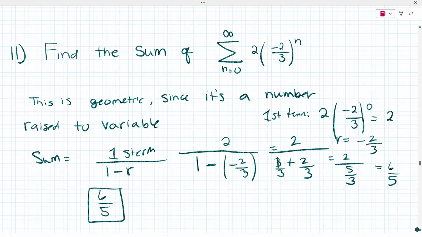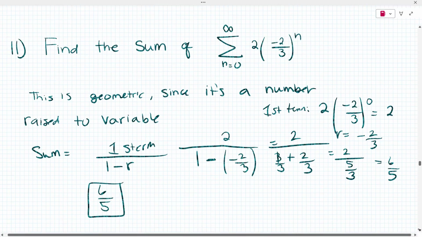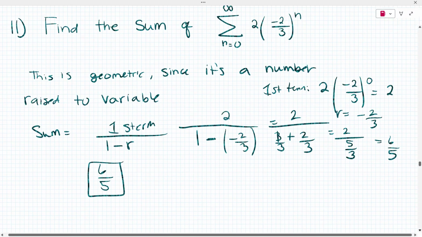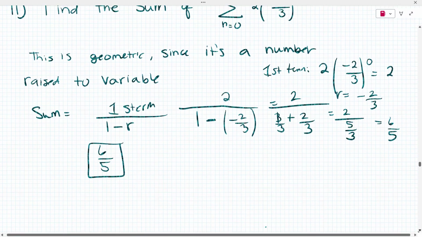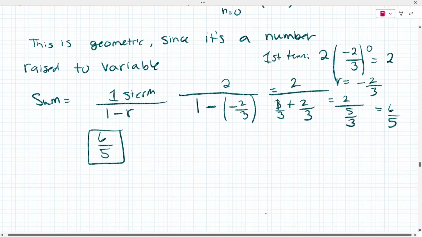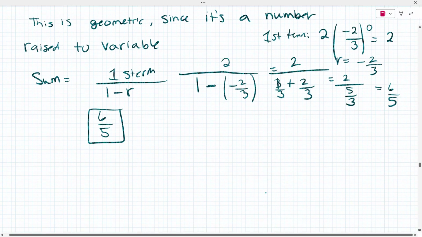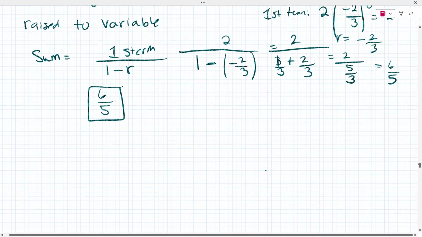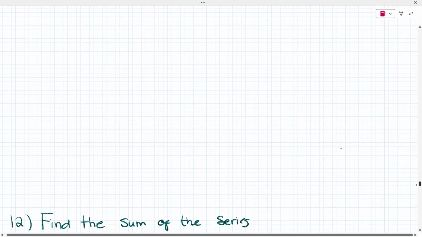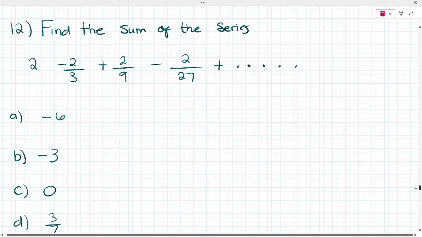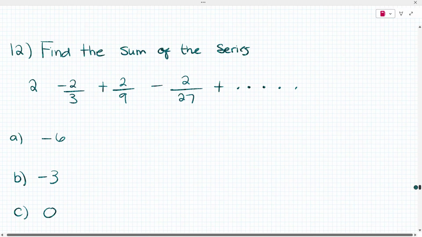Let's use the summation formula for a geometric series. Let's find the sum of the series.